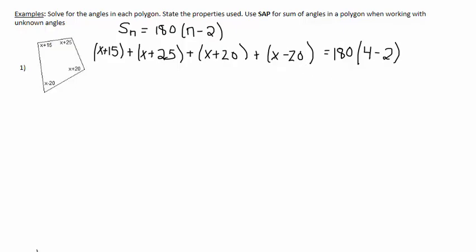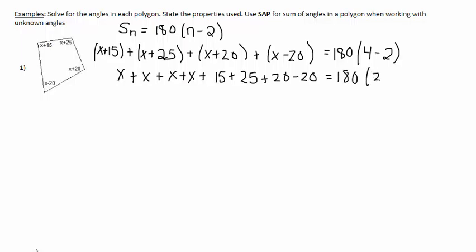Now, let's solve a little further. We can combine all our x's. So we have our grouping of like terms, and then we can combine all our numbers. So 15 plus 25 plus 20 minus 20, and we can simplify that to 40. Now we're left with 4x, and here we're left with 40. And on this side we have 360.